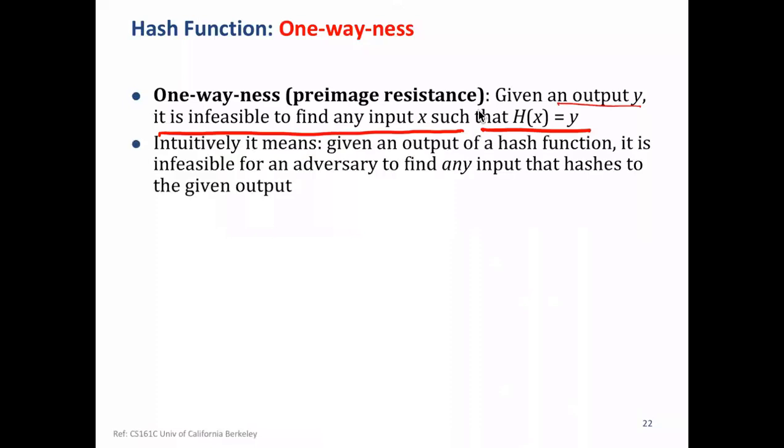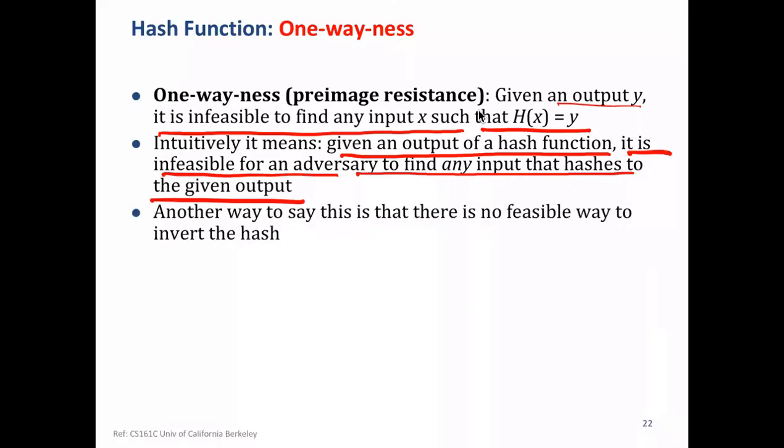Intuitively, it means that given an output of the hash function, it is infeasible for an adversary to find any input that hashes into that output. It means that from the signature you cannot get the original message. Another way to say it is that there is no feasible way to invert the hash.